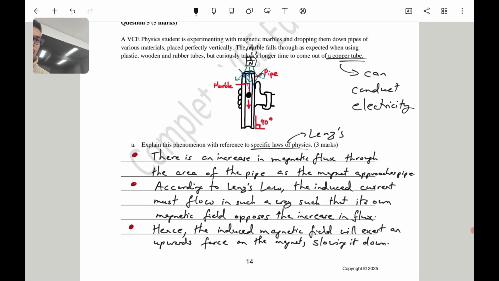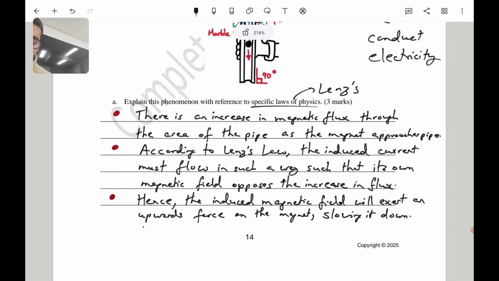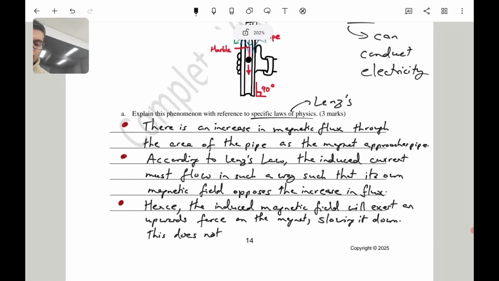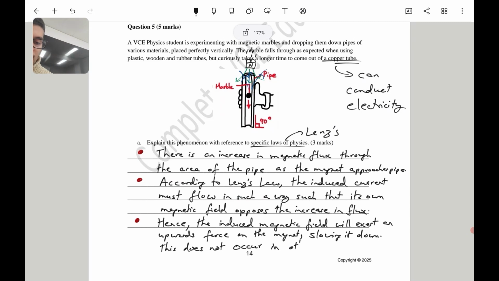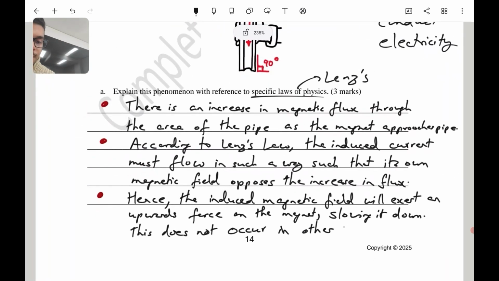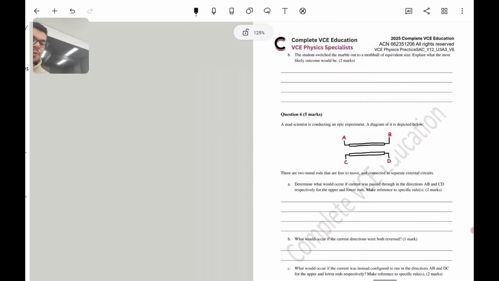Now, another important thing to mention is that this phenomenon of inducing a current and therefore the current opposing the magnet's movement does not occur in the other materials that have been mentioned, as they cannot conduct electricity. All right, perfect. Let's move on.